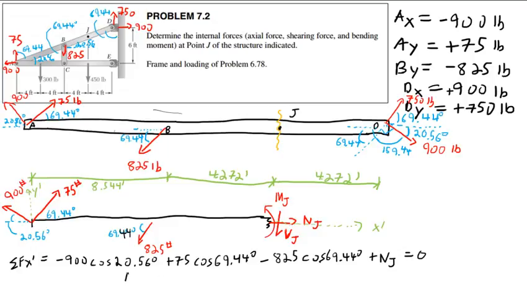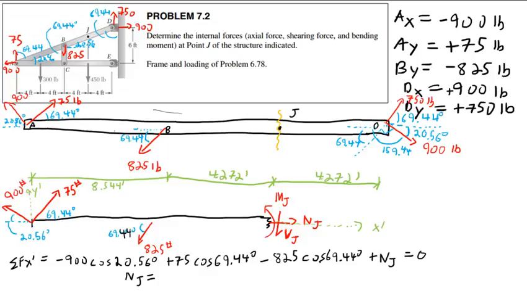And from this, I will get that Nj, the axial force at point J, is a whole bunch of math. 900 times the cosine of 20.56, plus 75 times the cosine of 69.44 minus 825 times cosine of 69.44.